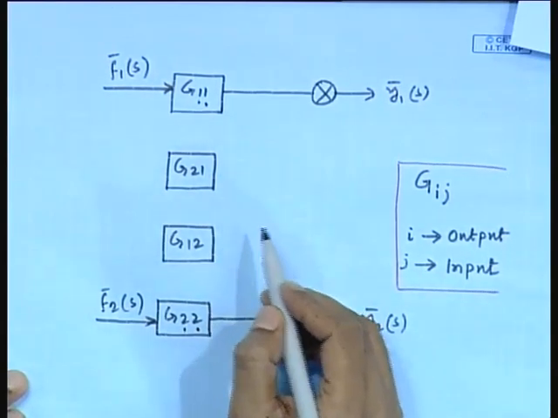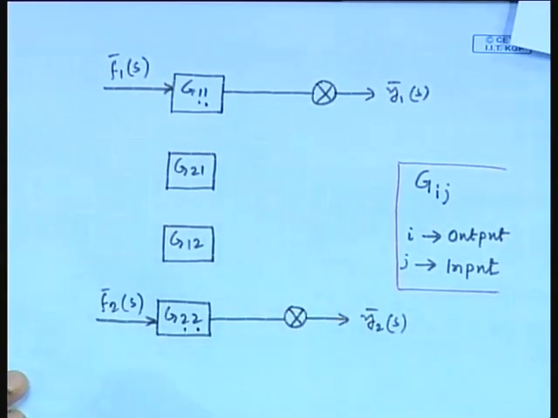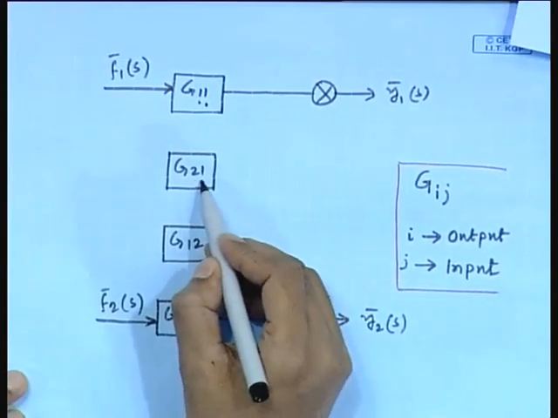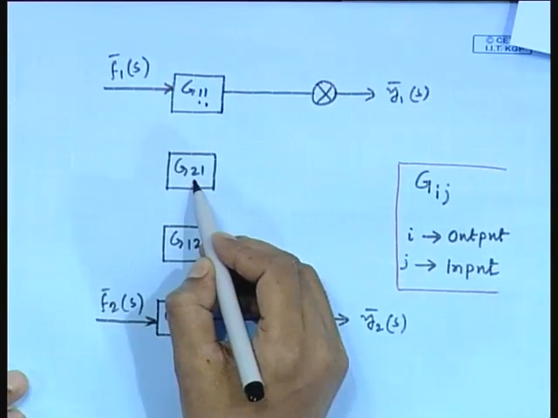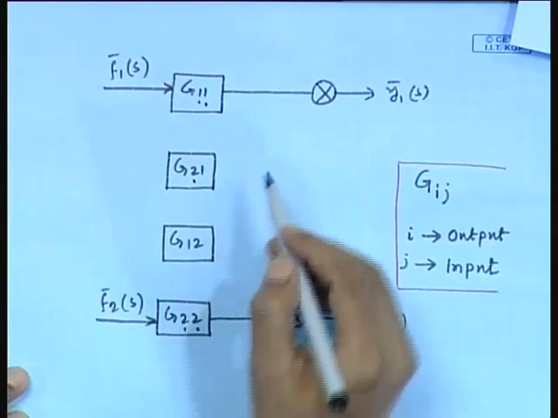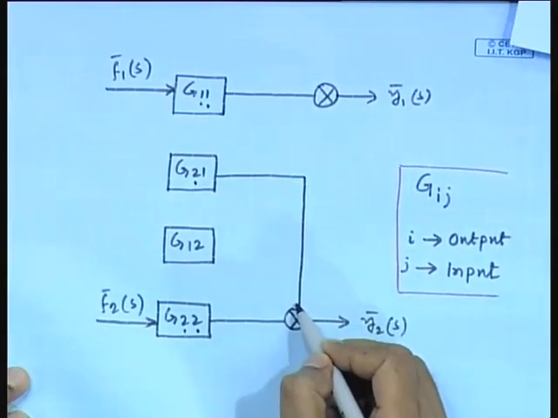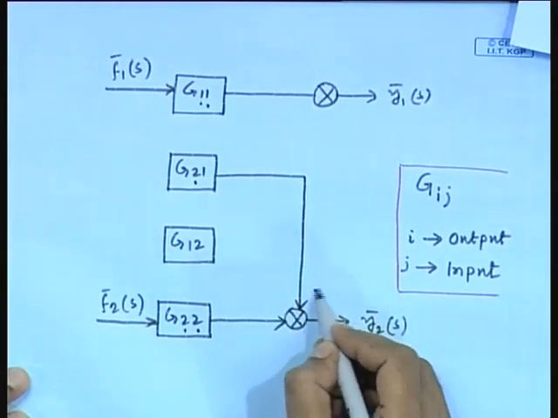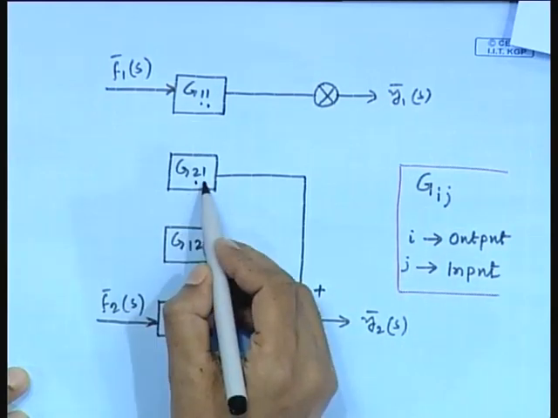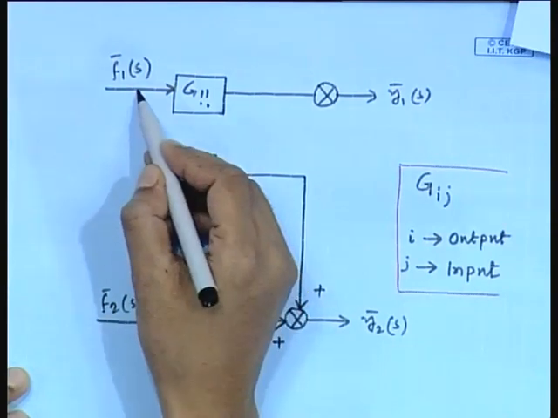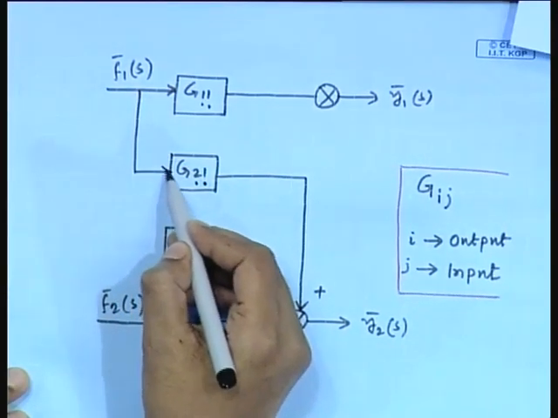So, how can we add the input and output streams with this G21? You see G21 first suffix is 2, so the second output. Second suffix indicates the input, that is first input, that means F1. So, we will add F1.